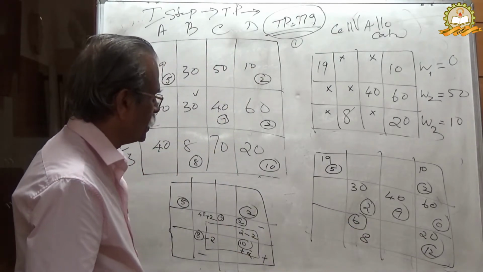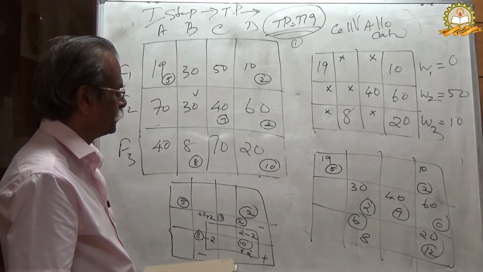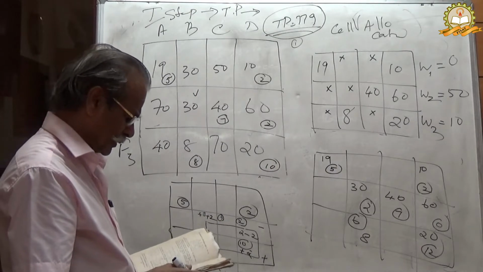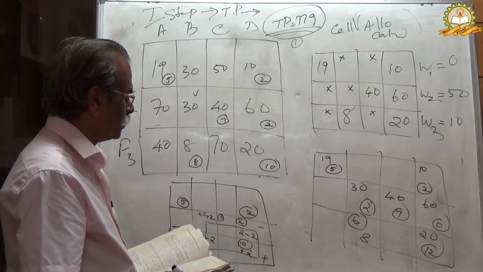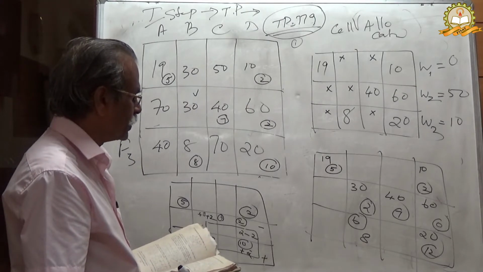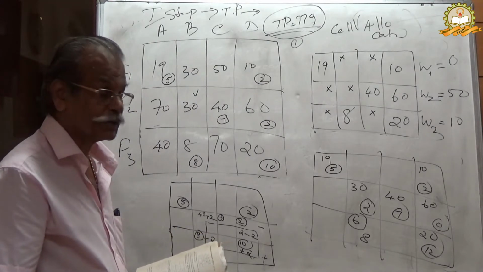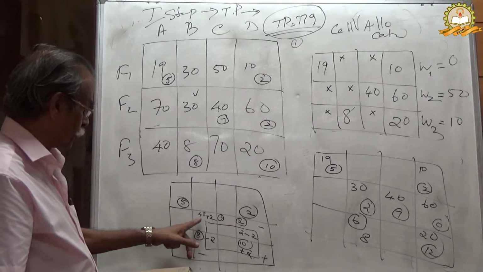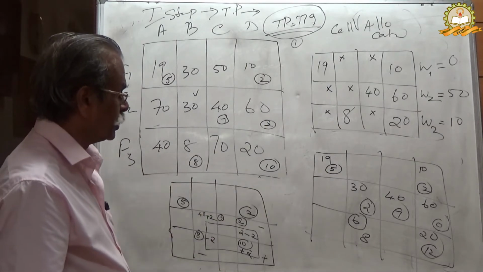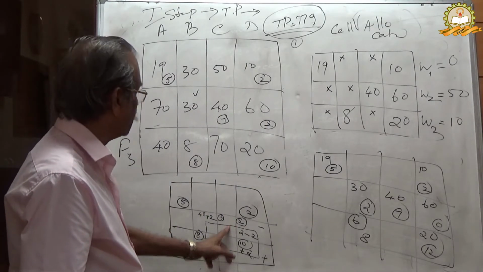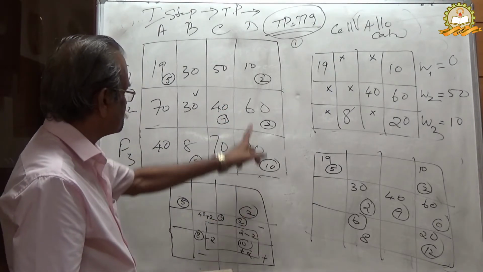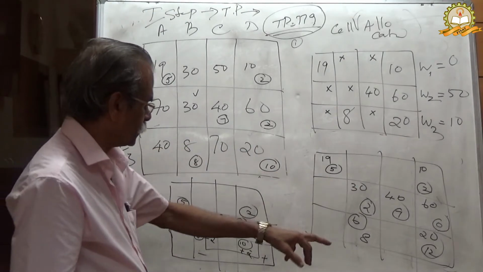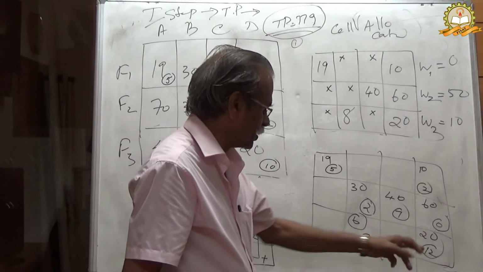I will repeat: 19 into 5, 10 into 2 plus 30 into 2, that is a new allocation obtained. 30 into 2 here, 40 into 7 already given, 47, and here it cancels away, 60 into 0, 6 into 8 plus 20 into 12.